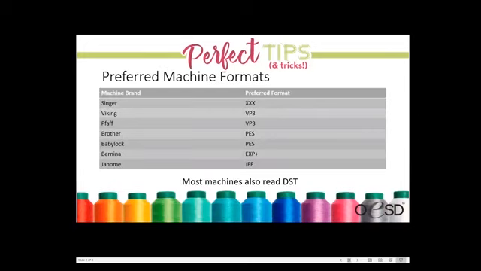Here's a quick cheat sheet of formats and machine brands. So you can see Bernina takes an EXP. Babylock takes a PES. There are great websites. If you Google your machine brand, you can find out what your preferred format is.